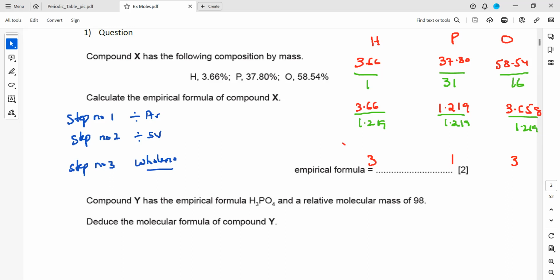It shows the compound should have 3 of hydrogen, 1 of phosphorus, and 3 of oxygen. So the empirical formula of the compound is H3PO3. Is it clear? Anyone having a doubt or a question?